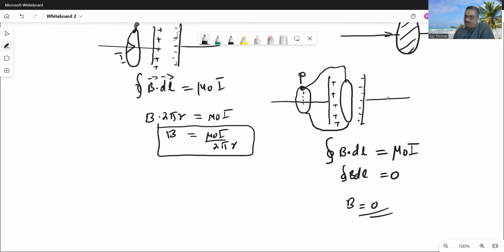If Ampere's circuital law is true, at the same point P, we should get the same magnetic field in both cases. But we are not getting it. In the first case, there is a magnetic field; in the second case, with another loop at the same point, the magnetic field is 0. So there is a contradiction.